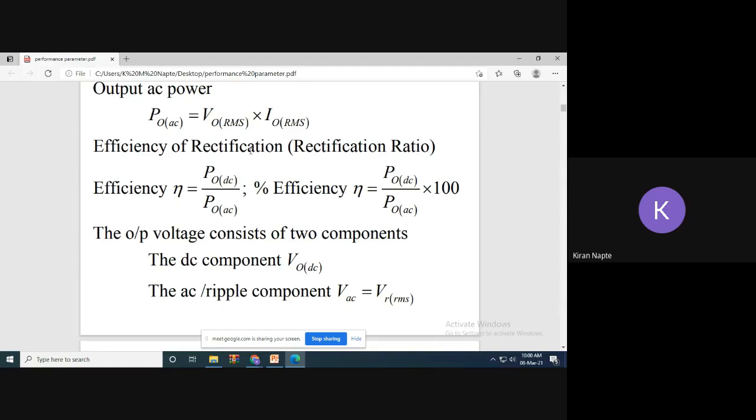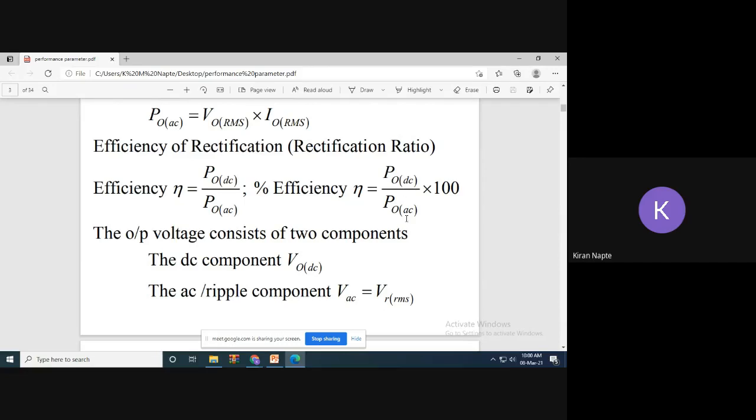So if we take the rectified output against the applied power initially, which will be AC, then we get the percentage efficiency, which is represented as eta, is equal to output power divided by input power, PODC divided by POAC into 100%, right?